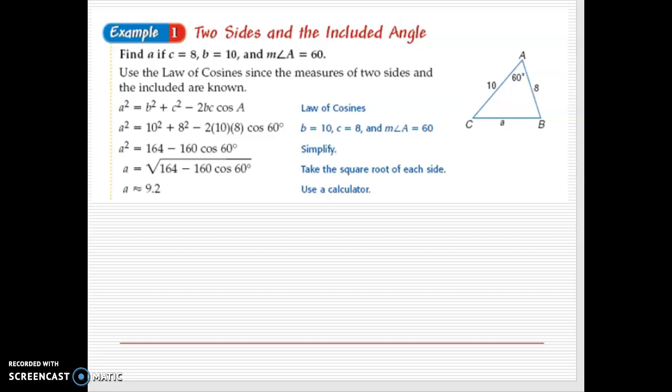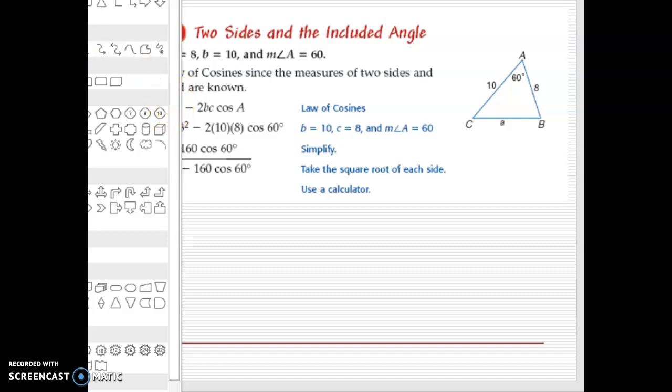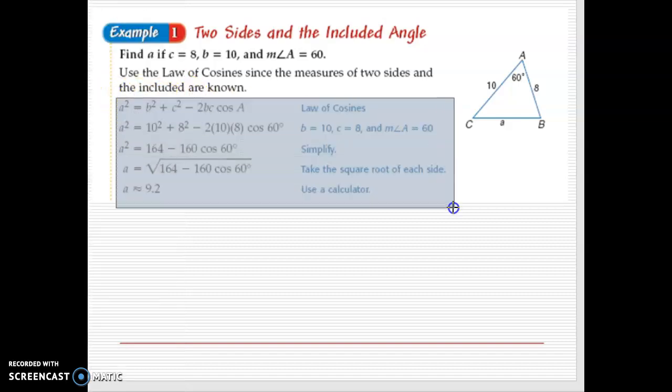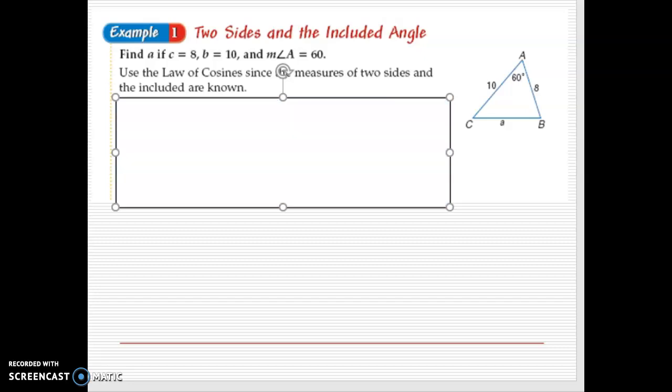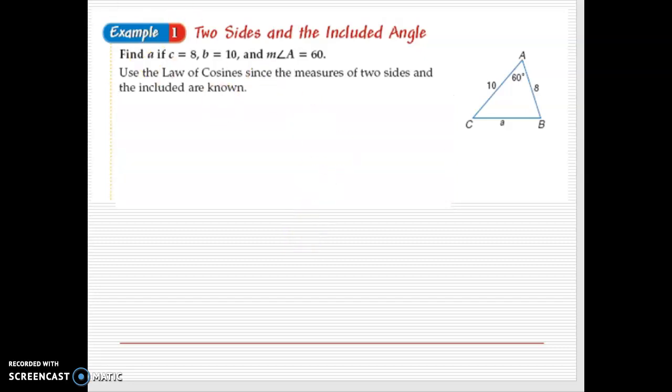Alright. Use the law of cosines since the measures, again, you've got are two sides and an included angle. Let's see what we got here. So, right here, I've got the angle 60, which is with A, so I'm going to have the cosine of A. That means I'm going to start out with the A squared on the other side of this.